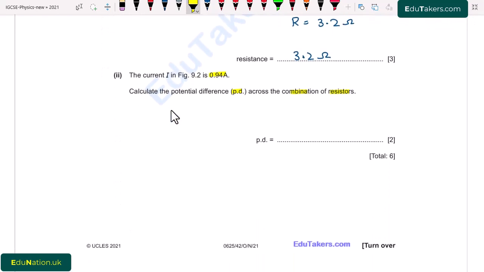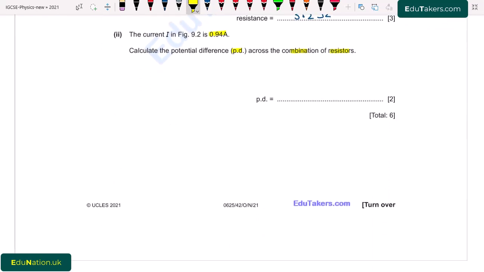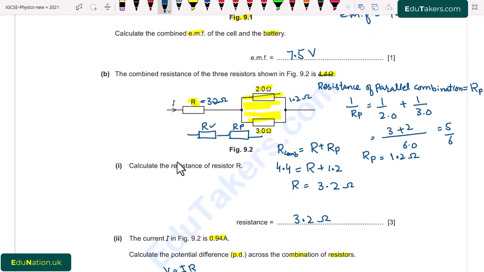I write here V is equal to IR, which is Ohm's law. From here we have to calculate the value of V. It comes to be, the current is 0.94 multiplied by the combined resistance given in the question. It is equal to 4.4 ohms.